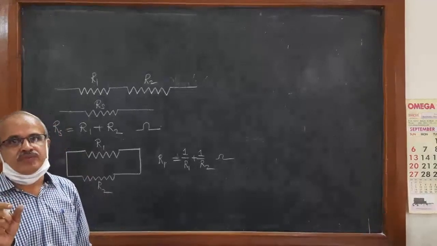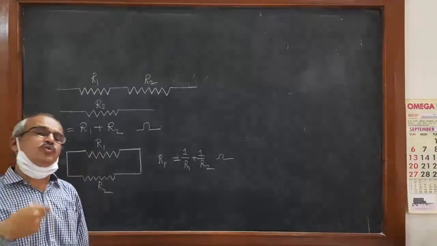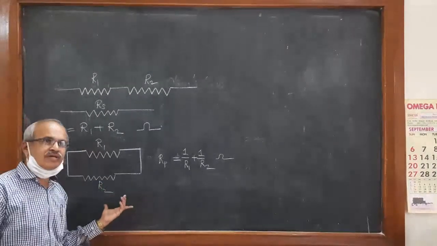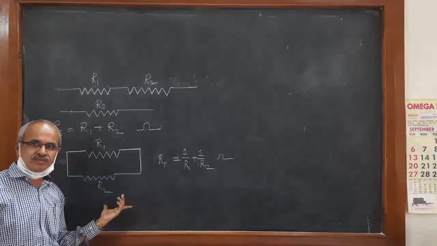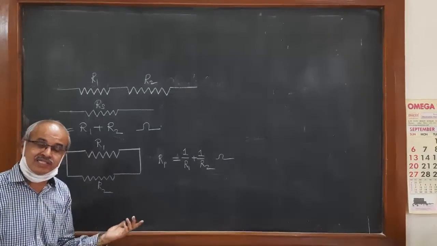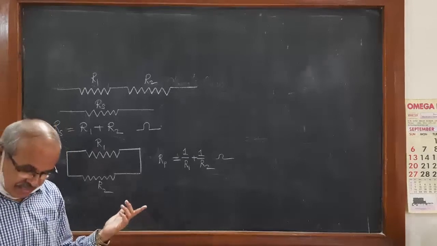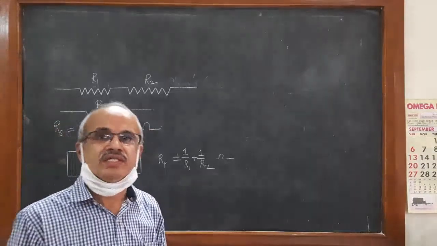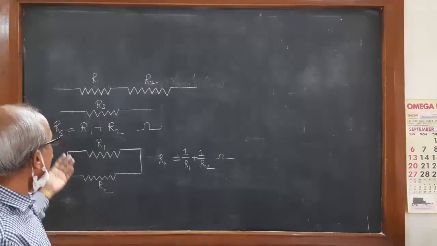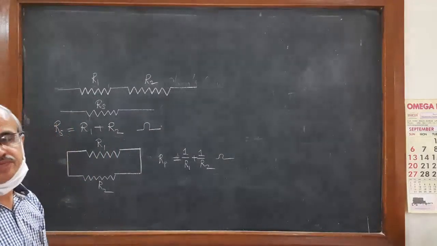Suppose you want to increase current; in that case you have to use a parallel combination of resistances, so the equivalent resistance is smaller.